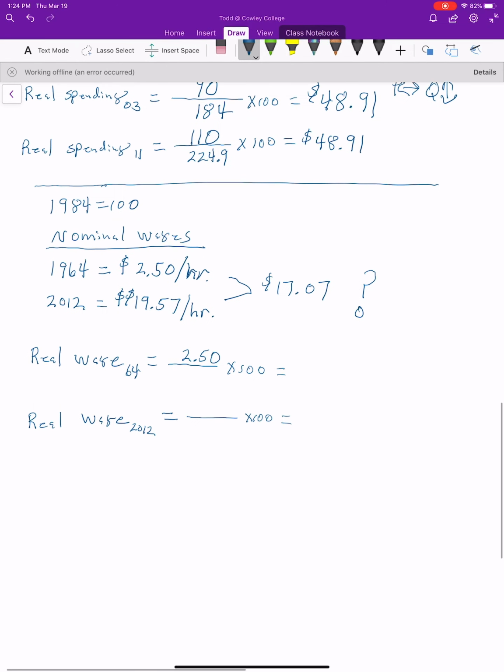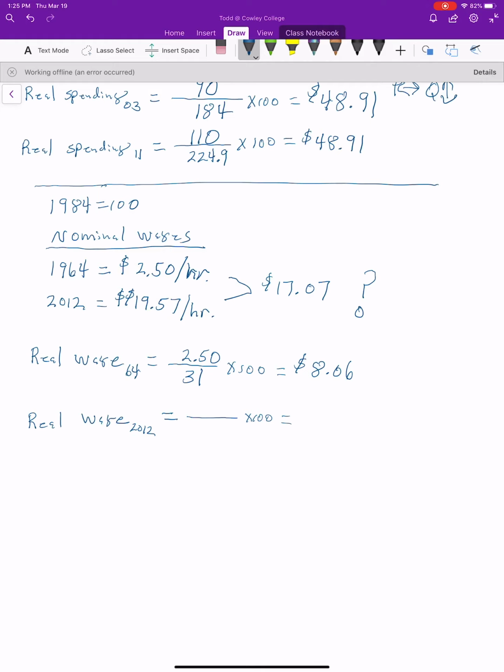So if you plug that into your calculator, $2.50 divided by 31 times 100, the real wage in 1964 was equal to $8.06 per hour.